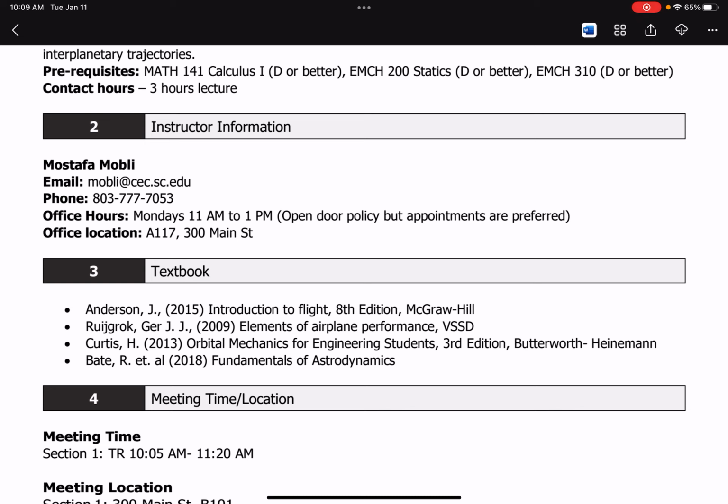So I don't really mind you showing up anytime that I'm in the office. If I'm in the office, just knock on the door and come in. If I'm not, just send me an email and we set a time outside of the office hours. These office hours are here just because they have to be based on university policy, right? You can come to my office anytime. But just make sure to send me an email beforehand so I'm in the office. And my office is located here in this building, in Wing A, room 117.